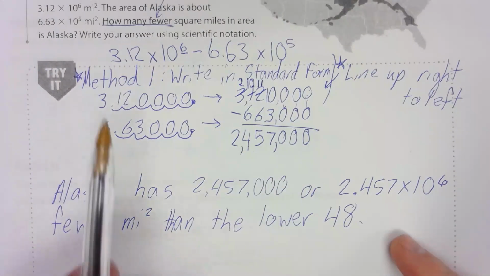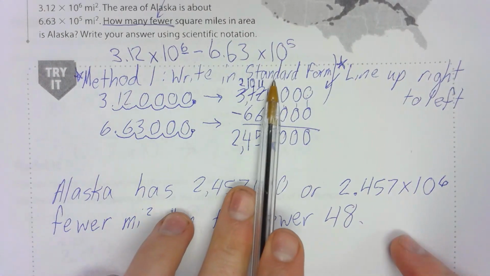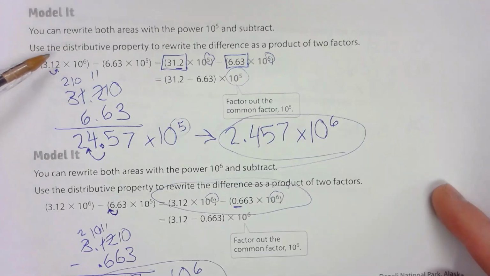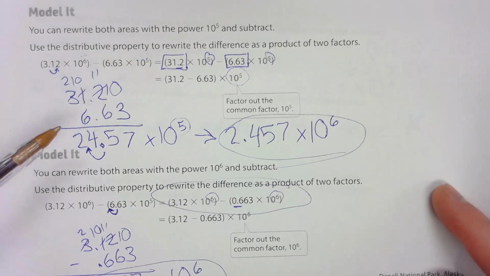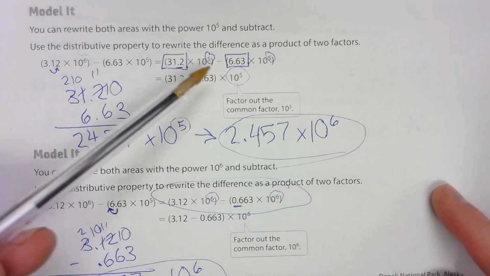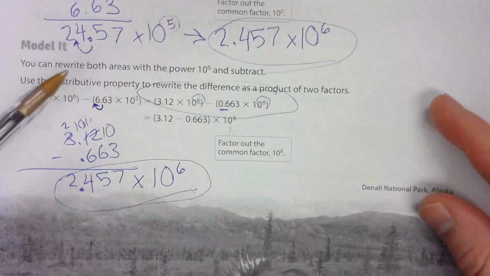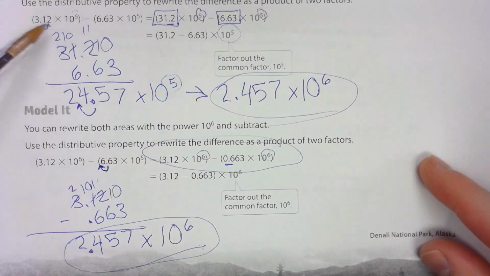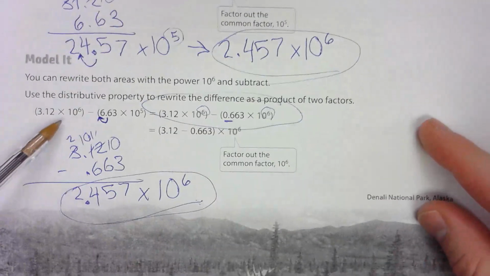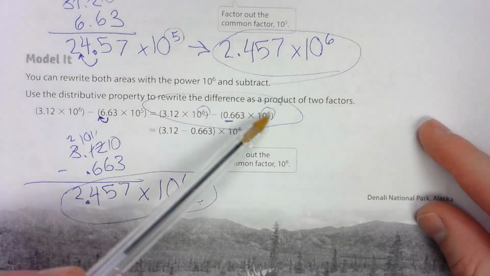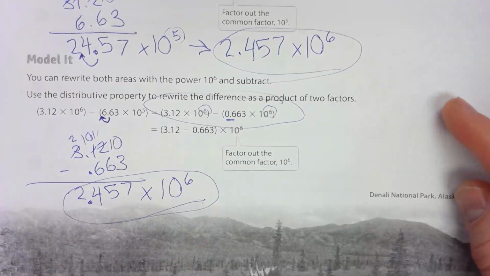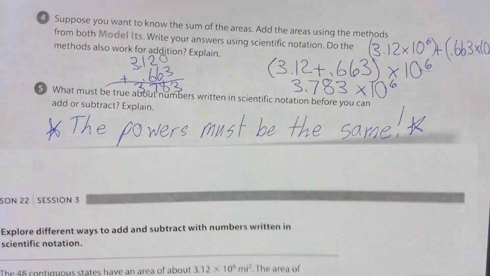I gave you method 1, writing it in standard form. Method 2, getting these exponents to be the same so you can add or subtract the numbers out front. And you can either move the first number or the second number, but these exponents have to be the same either way. Then you can just add or subtract those numbers out front.